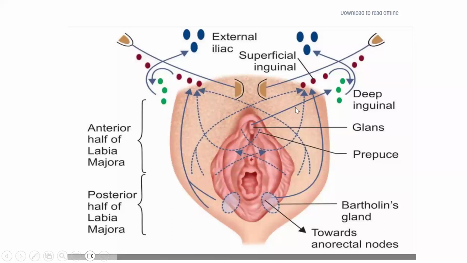But from the clinico-pathological point of view, like how to check sentinel lymph node biopsy and all this, superficial inguinal lymph node is the nearest one, and that is the first place where the lymph goes. So this becomes all the more important.